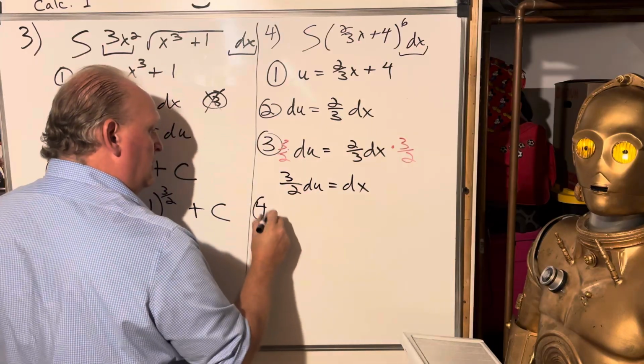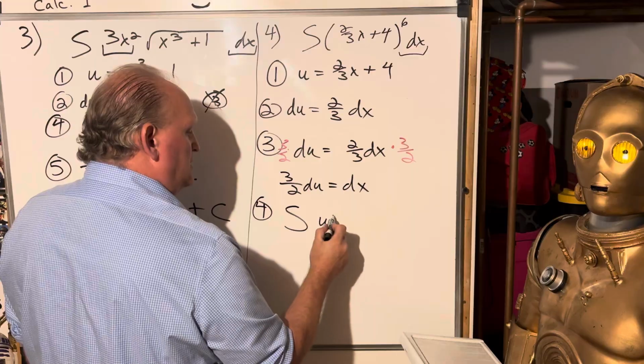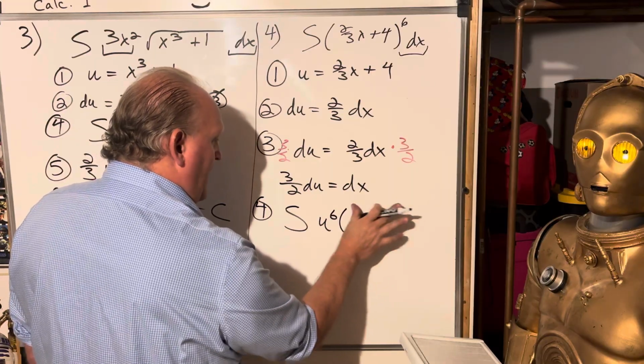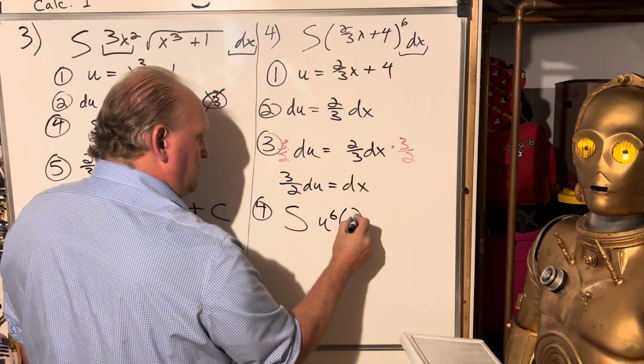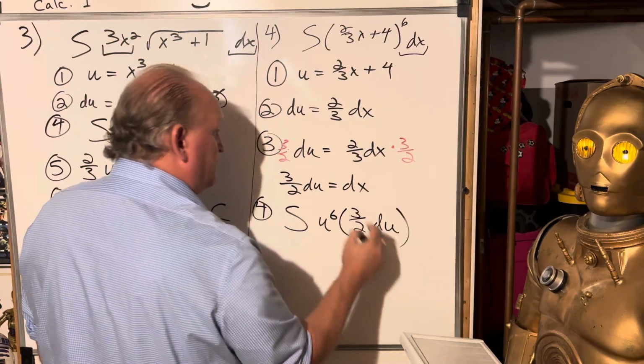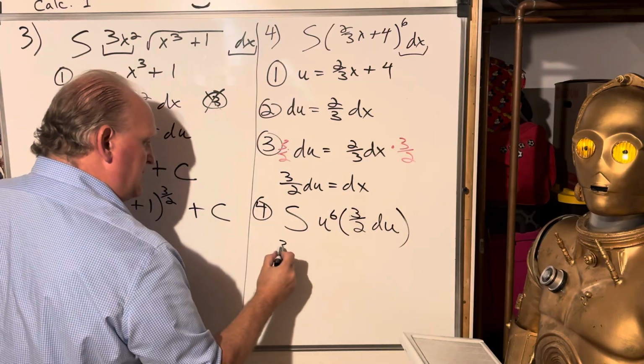Now we have a substitution we can put in there. So 4, we substitute in u to the 6th, but then we also substitute in 3 halves du for dx. That's the replacement. So the 3 halves comes out in front.